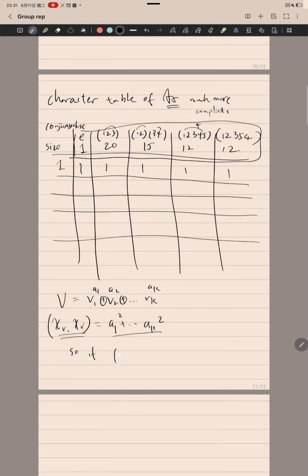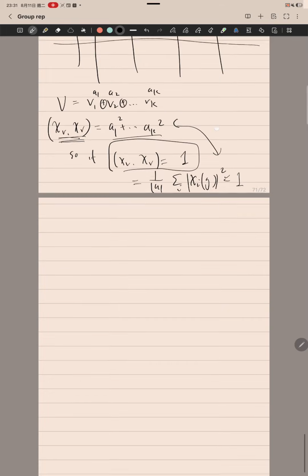So if the inner product of chi V with chi V is 1, recall this inner product is just the sum of chi of g absolute value squared. So if you sum over the squares and take the average, and this is 1, it means that V is irreducible. So this gives you the computation. You can check whether a given representation is irreducible.